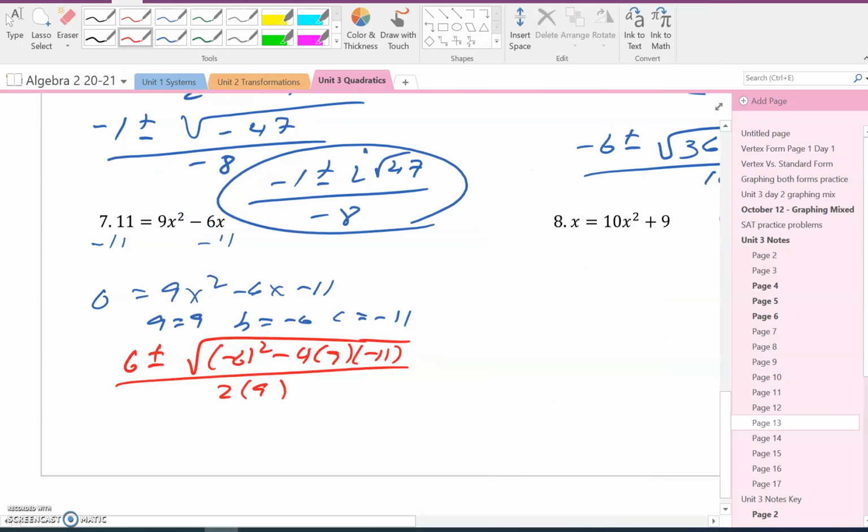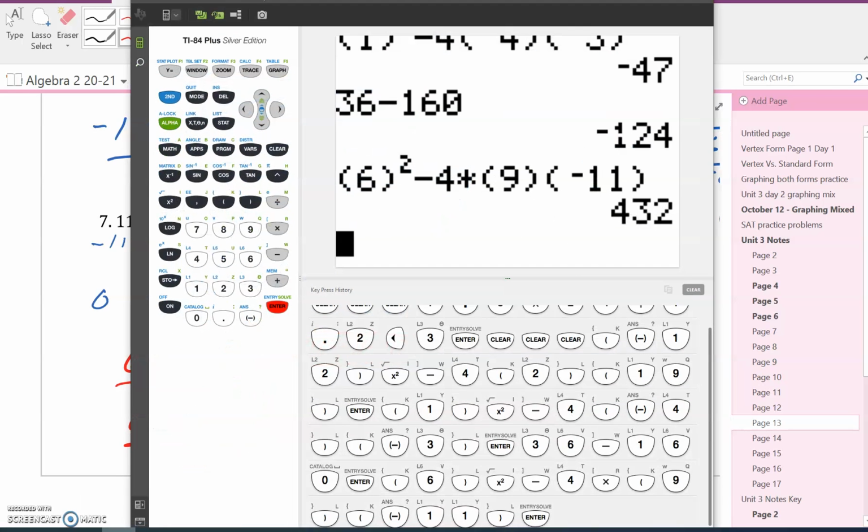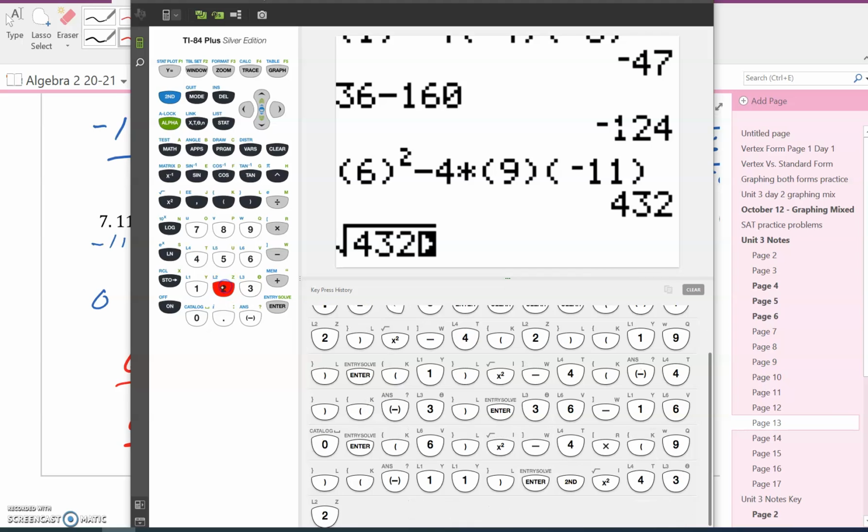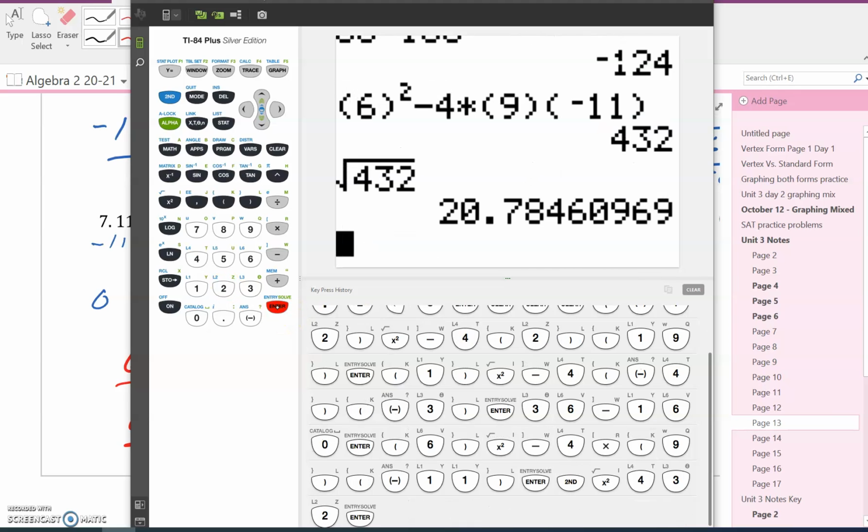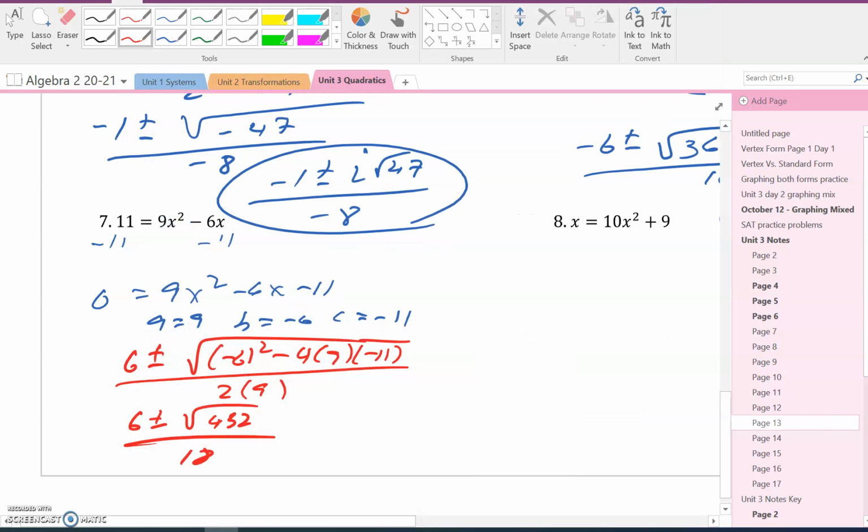All right. So 432. So 6 plus or minus square root of 432 over 18. Square root of 432. What the heck is that? We have to simplify that? Let's try it. Square root of 432 would be great if it was a perfect square. No, it's not. Alright, so yeah, we'd have to simplify that.